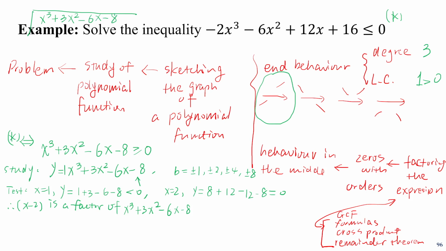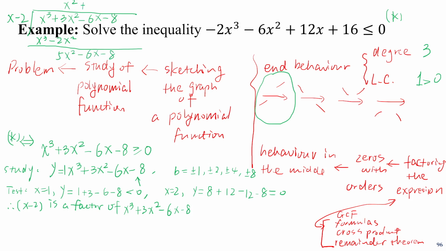The other factor is obtained by dividing by x minus 2. So we can put an x squared here. You will have x cubed minus 2x squared, and then the remainder of the first step is 5x squared minus 6x minus 8.